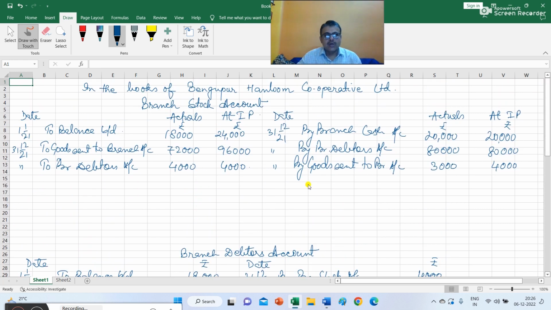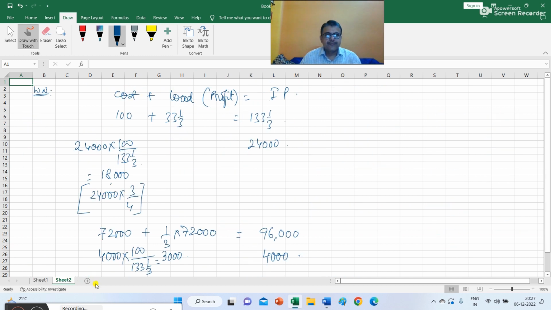So in branch stock account, I have to record, leaving one or two lines here, as by balance c/d, and at actuals I am writing 13,200. So what is the invoice price for the closing stock? You can easily calculate.